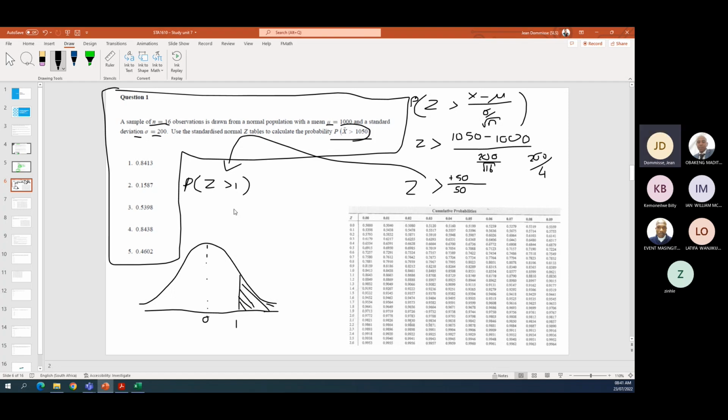Okay, so again, if you are struggling with time in the exam, you look at the question or the answers. We know that this side is 0.5. We know this side is 0.5. So your answer here will be smaller than 0.5.